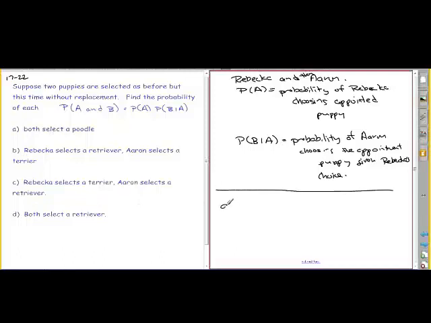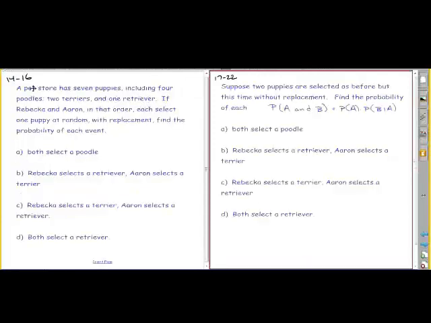So let's look at the different cases. There are 4 different cases. We're going to do case A first. The probability of A in this case is the probability that Rebecca chooses a poodle. That is based on the information given in the problem: there's 4 poodles, 2 terriers, and 1 retriever.